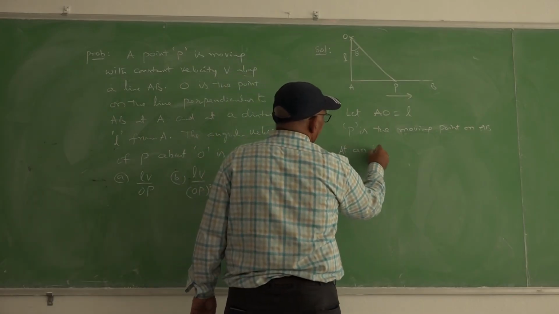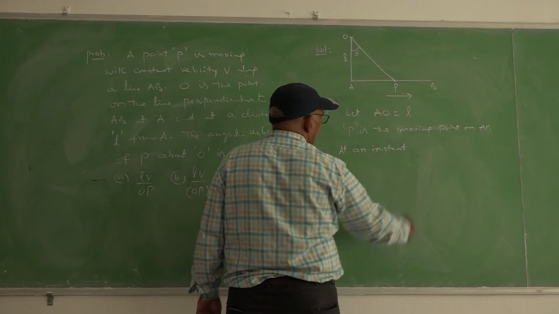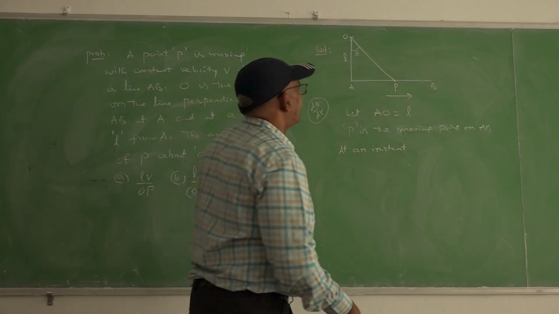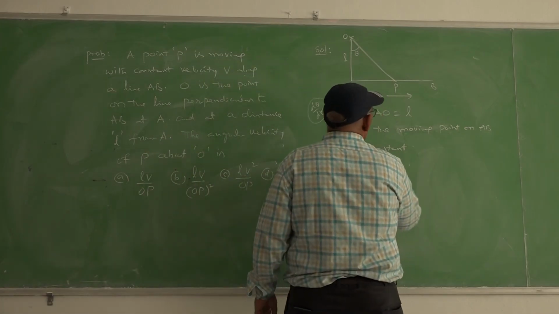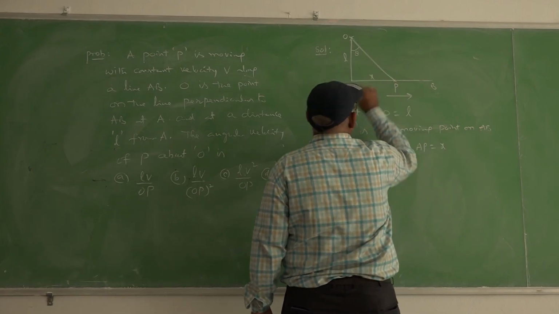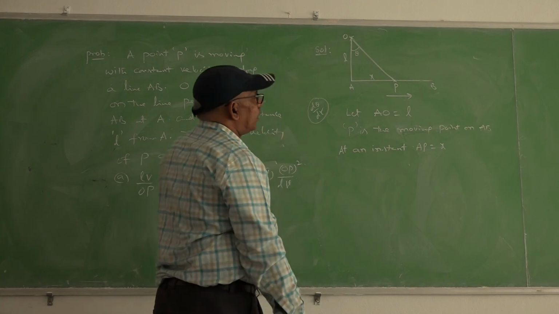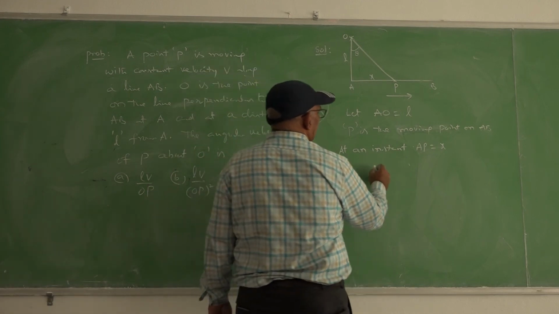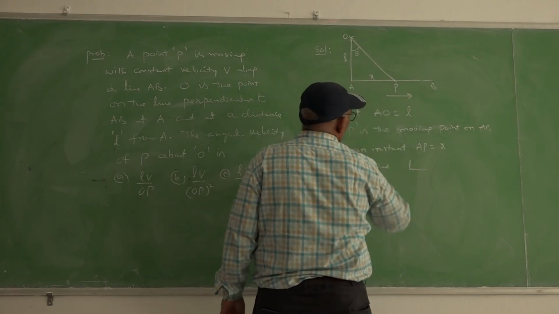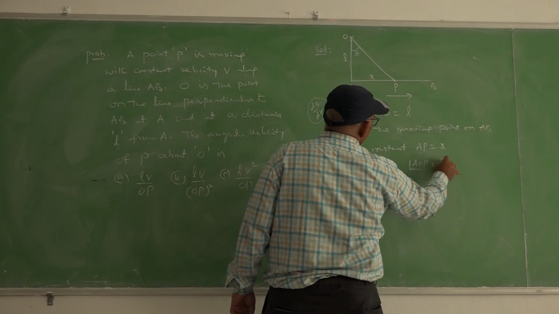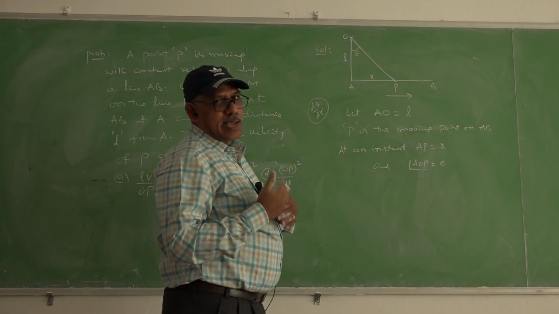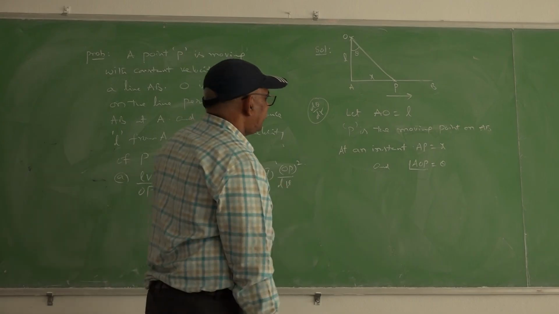At an instant, that means at a time t, AP equals x. Let us suppose this is x, and the angle made by AP at O, AOP, is theta. That is variable. As x varies, theta varies.